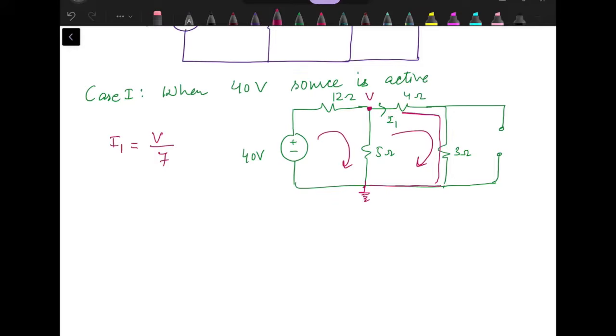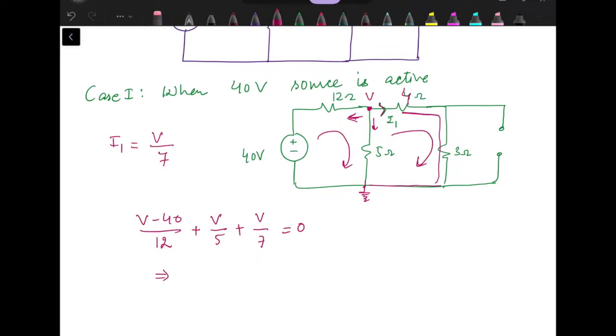We don't know the direction of any of the currents, so I am assuming all of them as outgoing currents, that is, they are leaving this node. So current through 12 ohm resistance will be (V minus 40) by 12. Current through 5 ohm resistance is V by 5. Then current through this 4 ohm which is in series with 3 ohm will be V by 7, and this should be equal to 0.